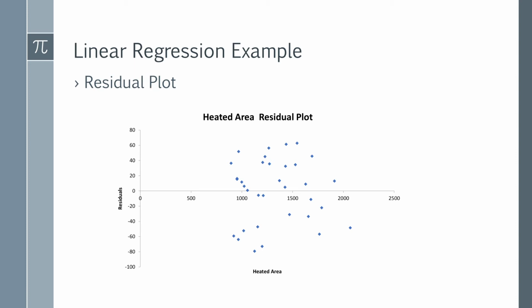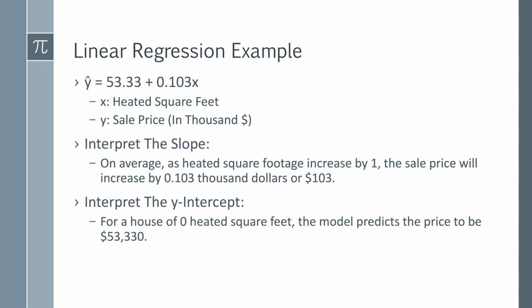On this slide, we're going to look at interpreting our slope and our y-intercept. At the top of the slide, I have our linear regression model: y hat equals 53.33 plus 0.103x, where x is our heated square feet and y is our sale price in thousands.